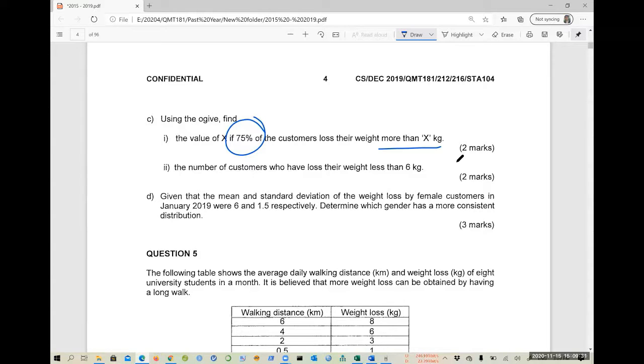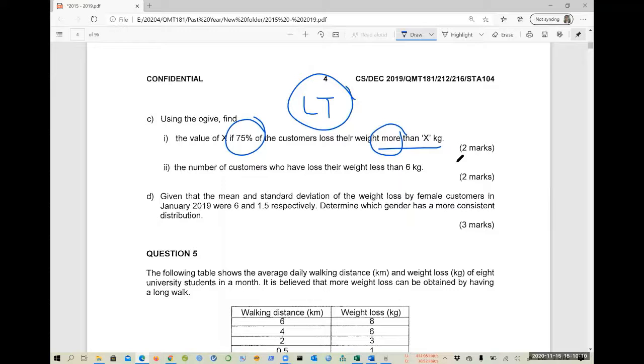So what you need to do right now is to calculate 75%, because you are using less than ogive. Okay, bila you gunakan less than ogive, what it says here is the percentage is less than the weight loss of how many kilogram. So right now is the reverse process because they want you the more than. Okay, so to get the 75% more than, because you are using the less than ogive, you need to find not the 75%, but you need to find the 25%.